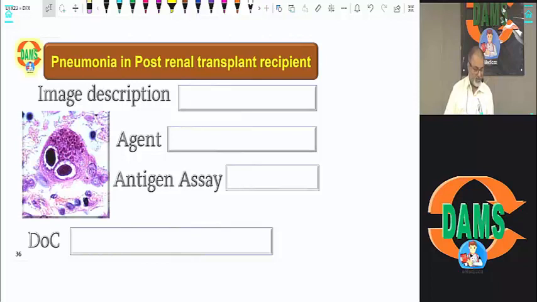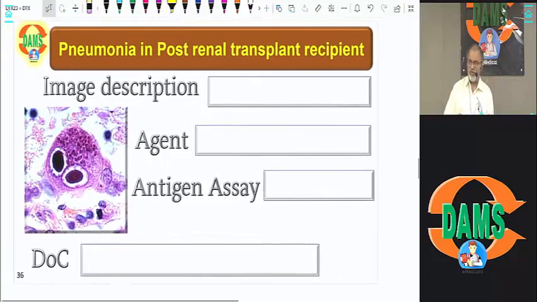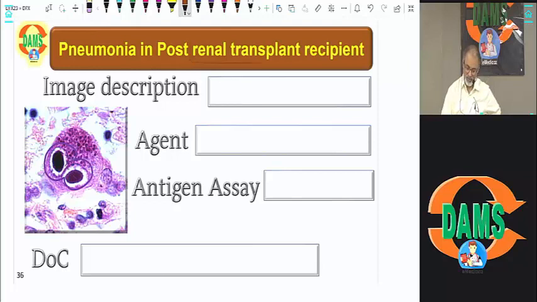Next is pneumonia in post-renal transplant recipients. What does the image say? After that you remember CMV. Image: owl-eye appearance. Agent: cytomegalovirus.